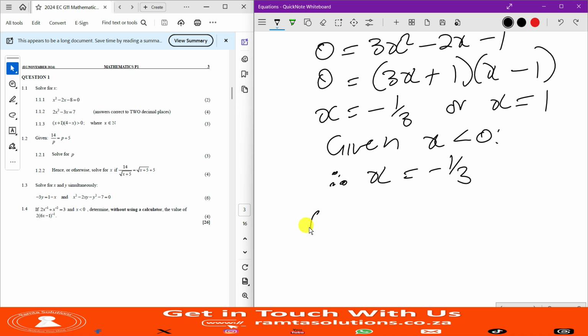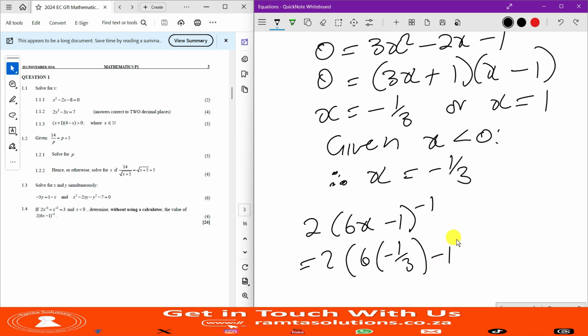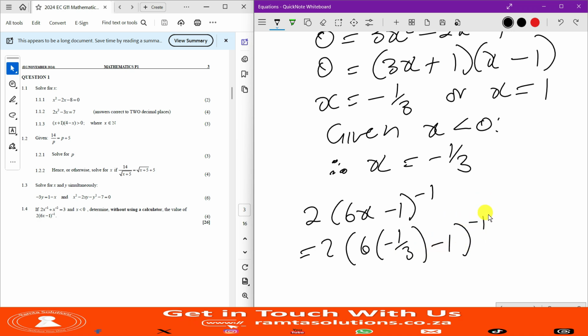Proceeding, the value of 2 times 6x minus 1 to the power of negative 1. All right, what do we have? We will say we have 2, where there's x, I put negative 1 over 3, minus 1 to the power negative 1.